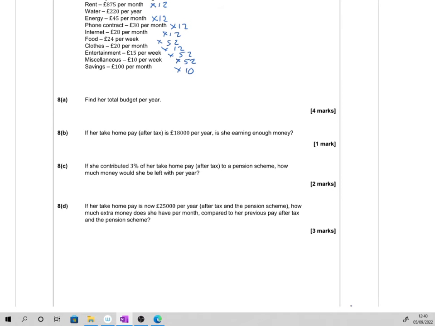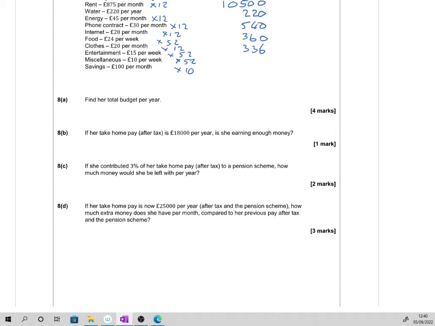Okay, total budget 875. 875 times 12 is 10,500, then 220, then this one, 45 times 12 is 540. Next one's the phone, 30 times 12 is 360. The internet, 28 times 12 is 336.